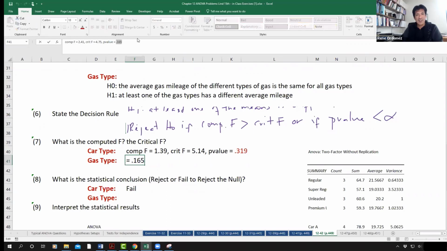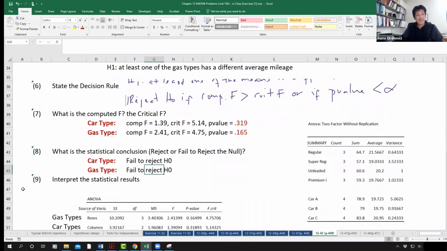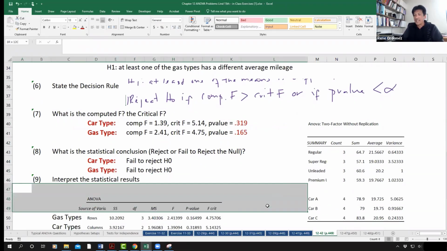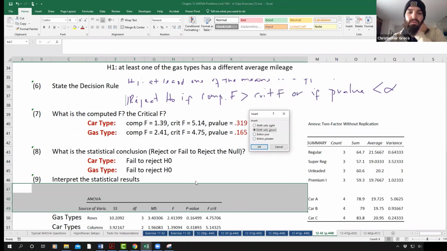So because the p-value is quite high, the decision would be to fail to reject the null hypothesis. Same thing with gas type. The null hypothesis will also not be rejected. Does that make sense, Christopher? Yeah, that makes sense. Okay.